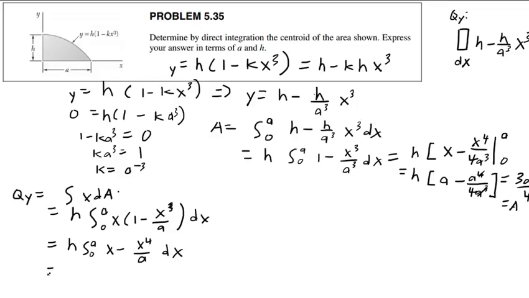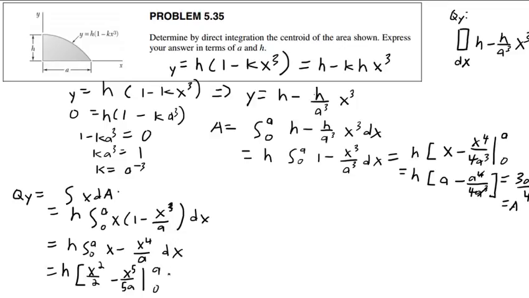Yes. Which equals h times x squared over 2 minus x to the fifth over 5a to the third, evaluated from 0 to a.